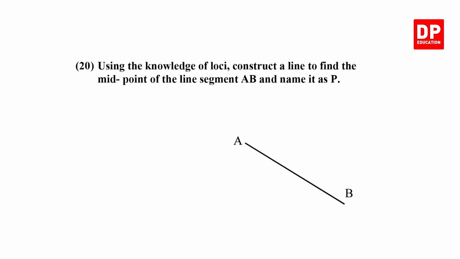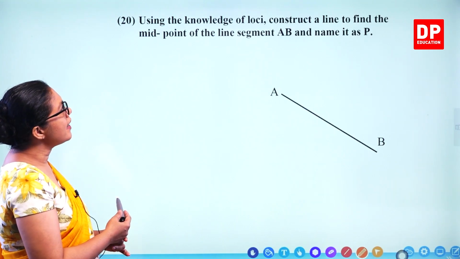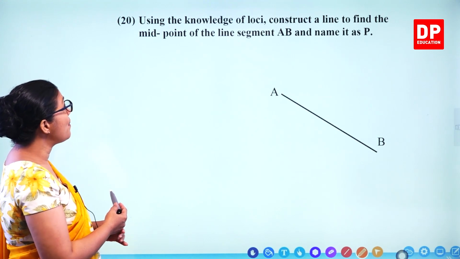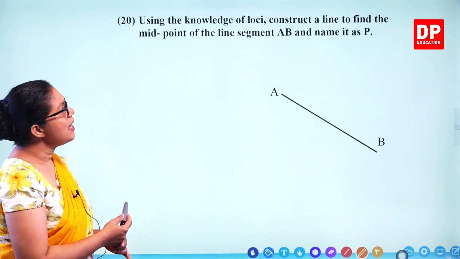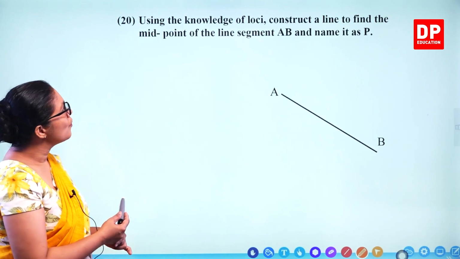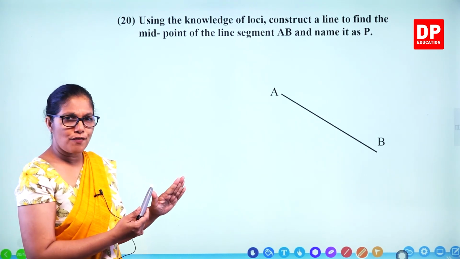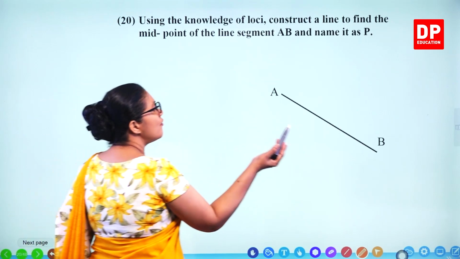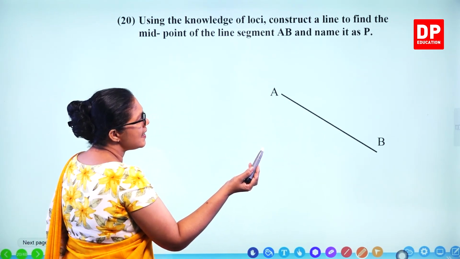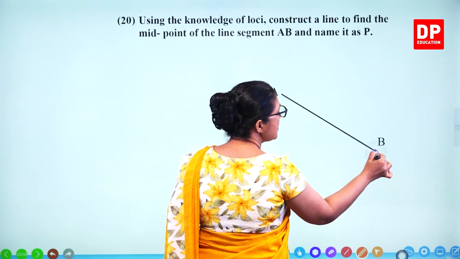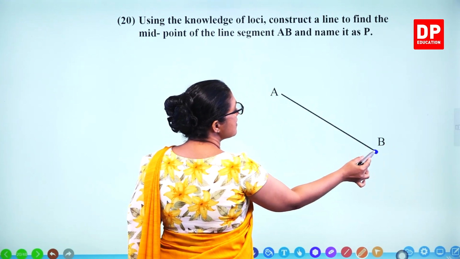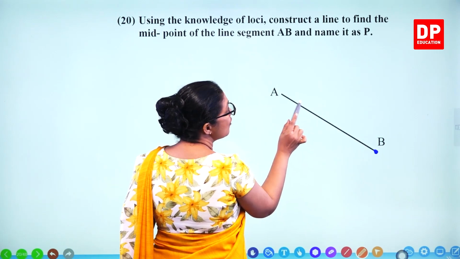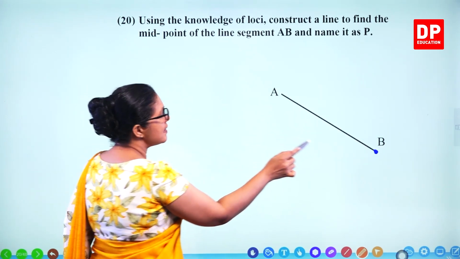Question number 20. Using the knowledge of loci, construct a line to find the midpoint of the line segment AB and name it as P. So how do you find the midpoint of the 2 points? We can draw the perpendicular bisector. Take the compass, keep it here with a longer distance, normally more than half of this line.